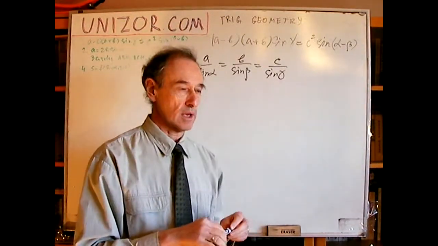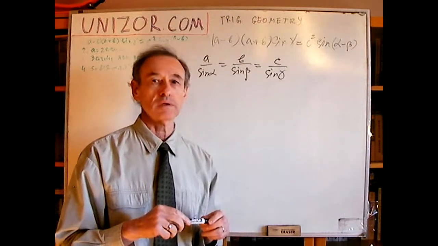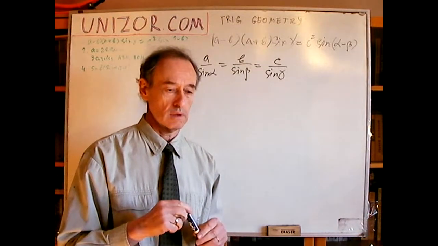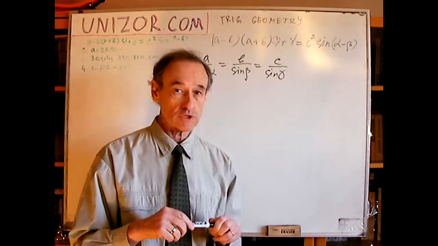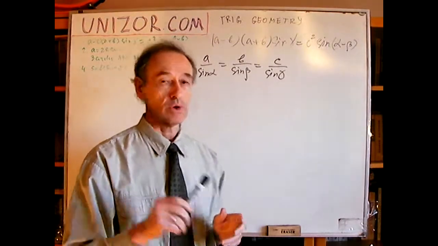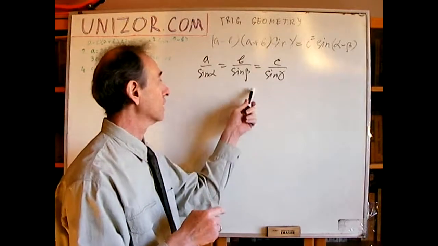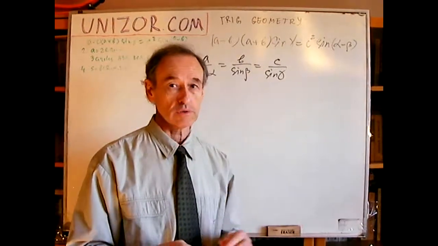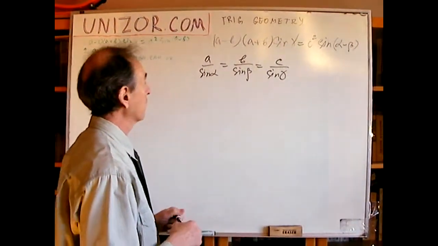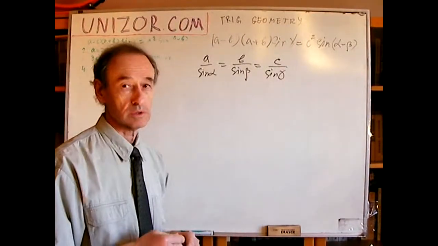I think it was one of the lectures in the trigonometric identities chapter. So go to unizor.com, and in the trigonometric identities you will find the lecture which is devoted to the law of sines. And there is another one which is devoted to the law of cosines.